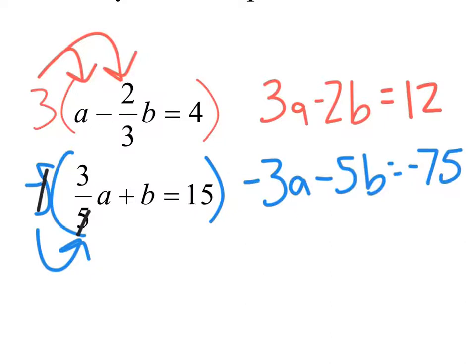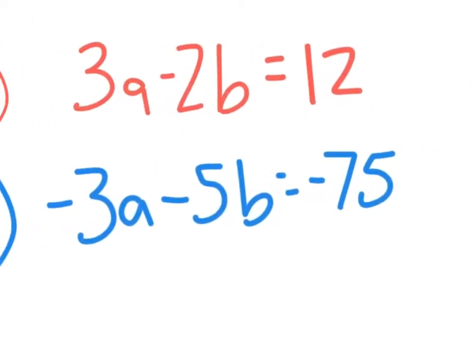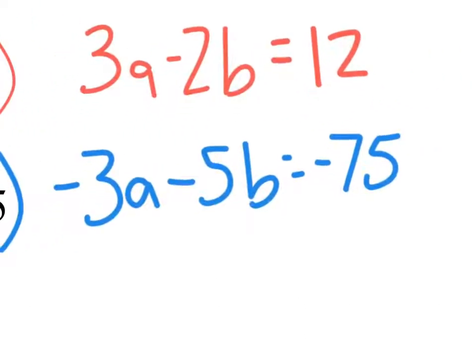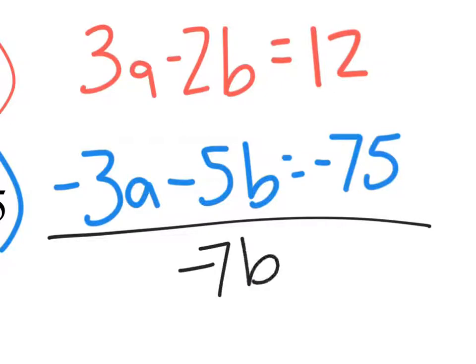All right, tremendous. Now let's take a look at these two linear equations, and we're going to be combining like terms. And when we do that, when we're looking at 3a minus 3a, it's going to be simply 0. Negative 2b minus 5b is going to give us negative 7b. Great.